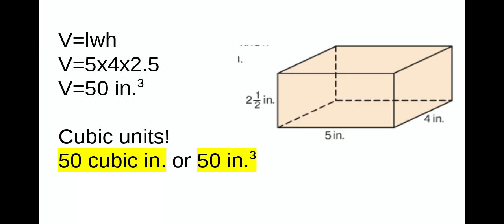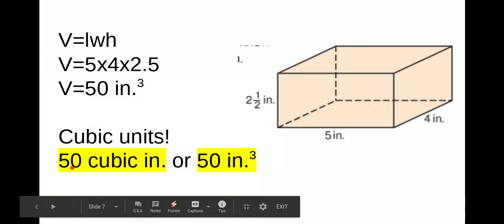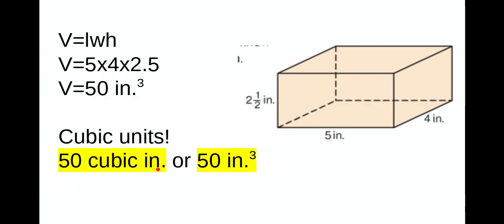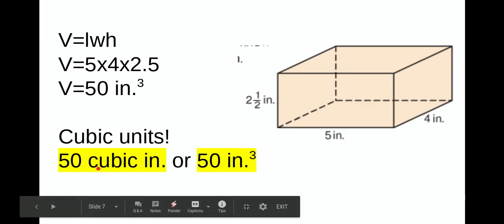So there's two basic ways to write it. You could write out 50 and then write out the word cubic and then write whatever that unit is. Or you could do CU, I guess would be the abbreviation. Or the more popular way, you just put inches and then put a little exponent 3 there. On your paper, you shouldn't have any trouble putting that exponent 3.